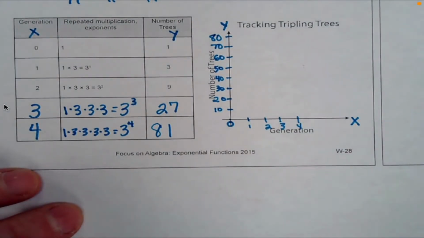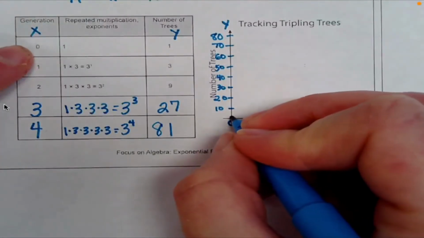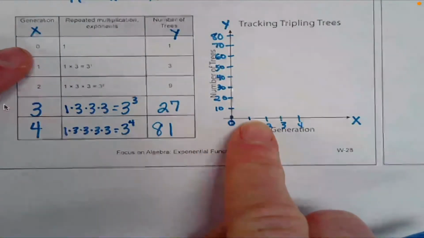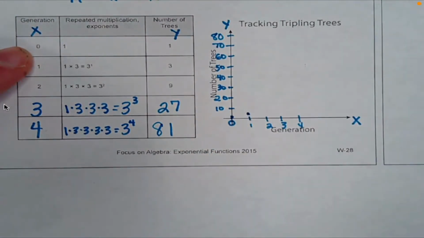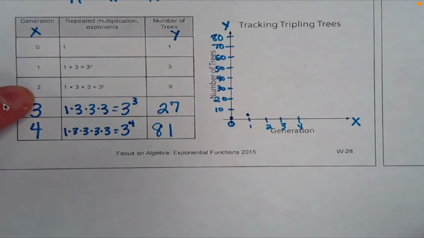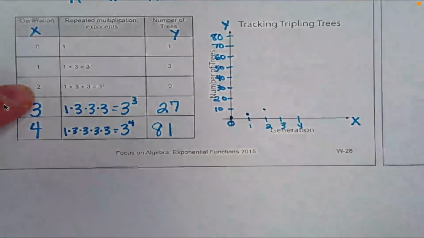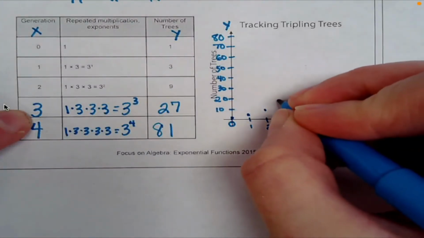So we're going to graph now. 0 is with 1, so like right there. 1 is with 3. 2 is 9. Almost looks like a straight line. But then 3 goes up to 27.